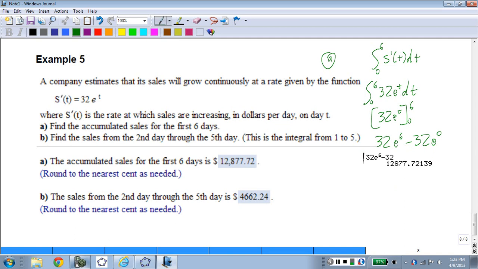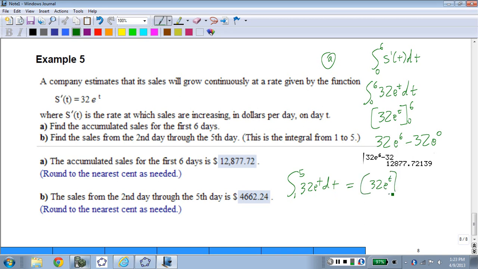The sales from the 2nd day through the 5th day would be the integral from 1 to 5. Again, 1 to 2 would be day 2, 2 to 3 would be day 3, and all the way up to 4 to 5, which is day 5. Same antiderivative, 32 e to the t.